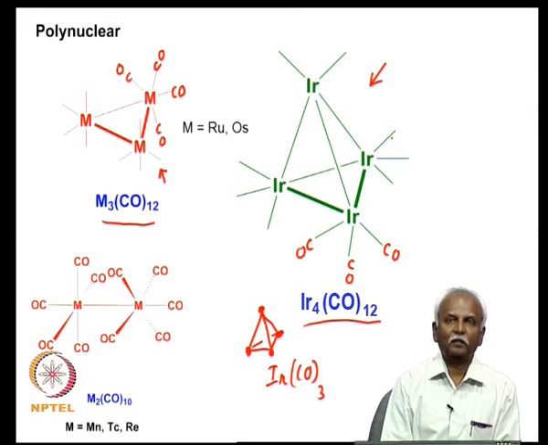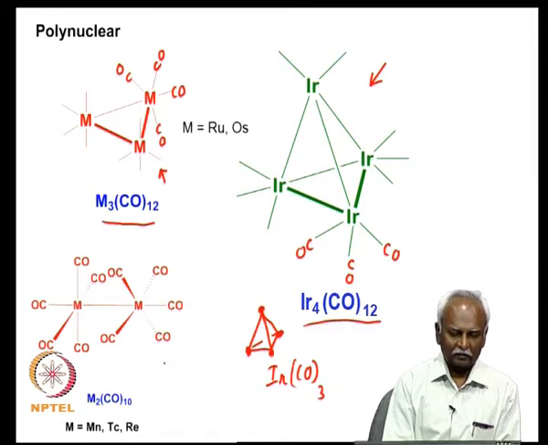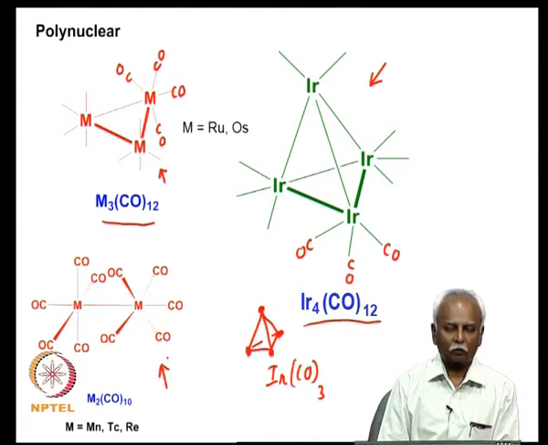Another simple complex which also has a metal-metal bond with no bridges, and this is unique for organometallic chemistry, as I mentioned before, is the dimanganese decacarbonyl complex, which is pictured here, and this has a single metal-metal bond which is holding the 2 units together.